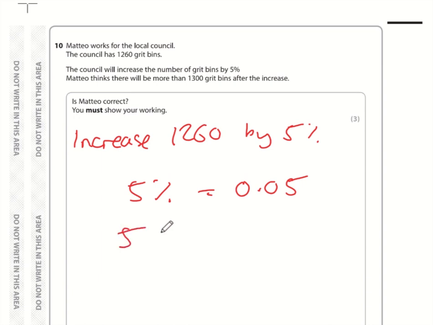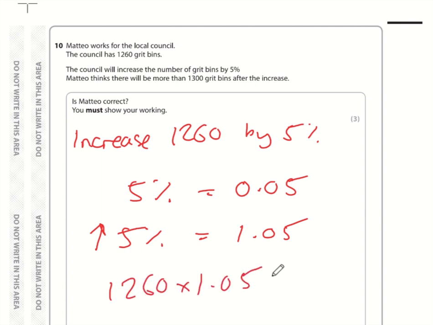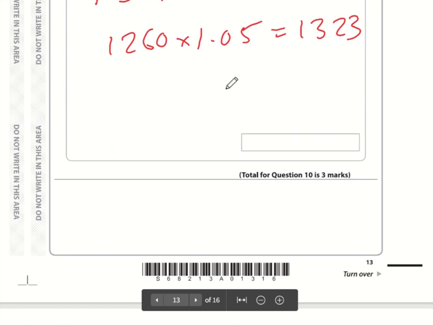Now if I want to increase by 5%, instead of multiplying by 0.05, I add 1 to this number, so it's 1.05. So my calculation is 1260 multiplied by 1.05, and that is 1323, and that is more than 1300. So is Matteo correct? Yes, he is.